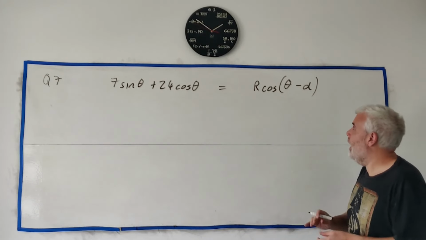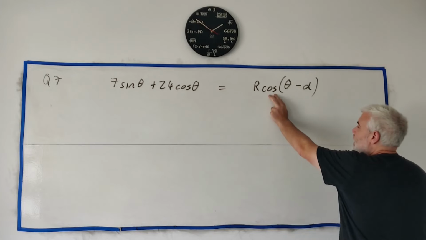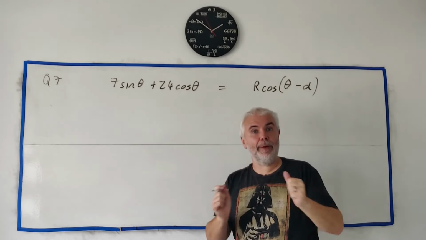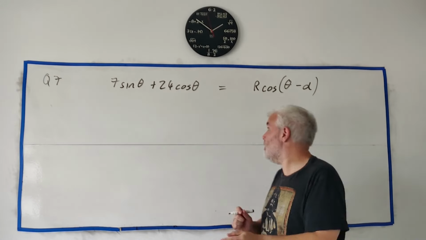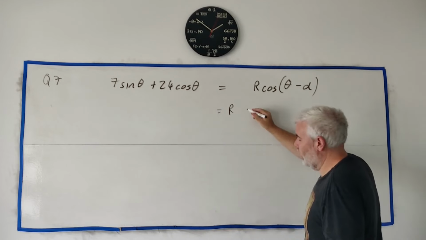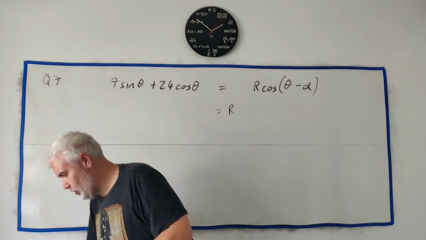How do we do it? This is cosine of an angle minus another angle. We can expand that out. It's in our formula tables. This side here is the same as, let me just check my notes.